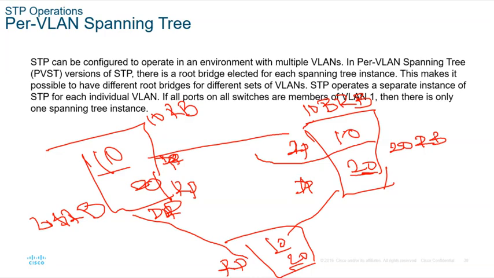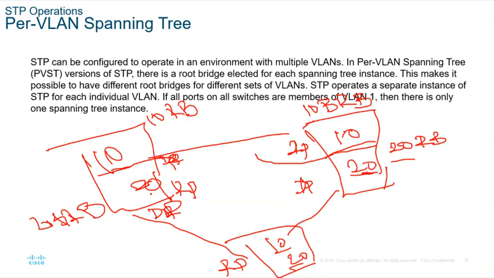So in this scenario, VLAN 10 is the root bridge on this one, and VLAN 10 here is the backup. VLAN 20 is the root bridge here, and VLAN 20 there is the backup.